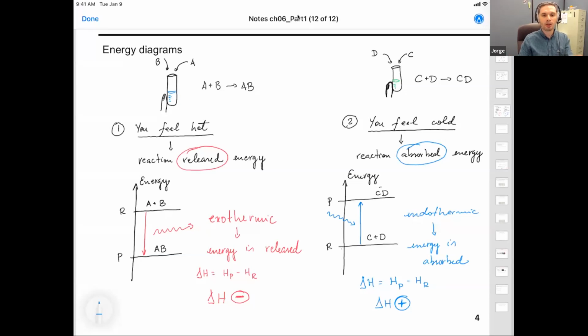Okay, looking just at the sign of the delta H, we must be able to classify a reaction as exothermic or endothermic. And we have to understand what happens with the temperature of the outside of the reaction. If the reaction is exothermic, that's going to heat up the outside. And if it's endothermic, that's going to produce the opposite effect to the outside. Okay, you have to have all those concepts clear in your head.